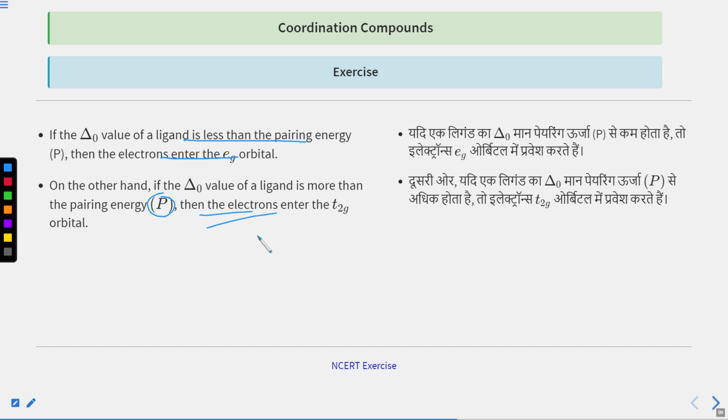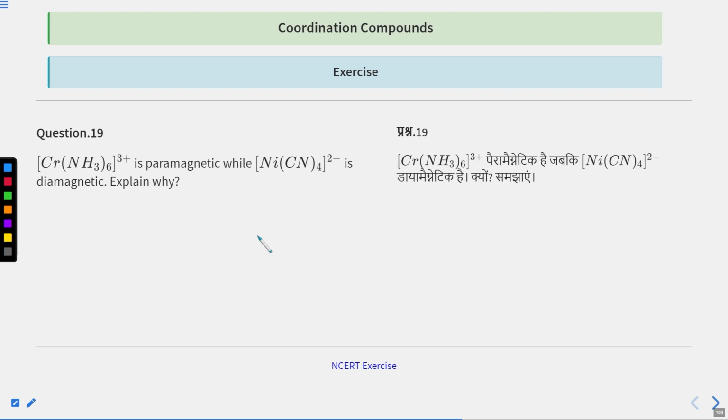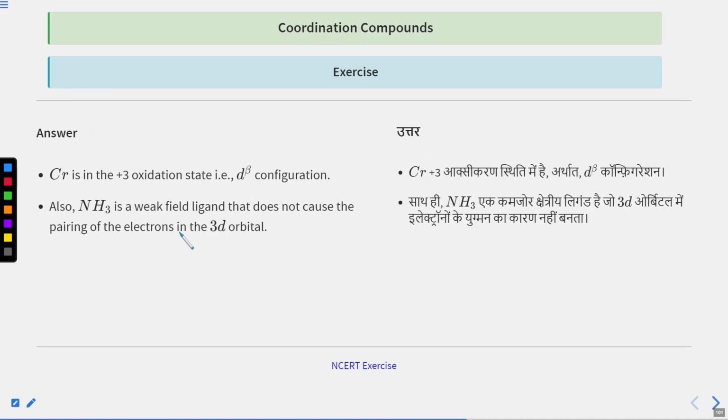Now next, we have this question: [Cr(NH3)6]3+ is paramagnetic, while [Ni(CN)4]2- is diamagnetic. Explain why. For this, you have to know the electronic configuration. First, you will fill the orbitals, do the pairing depending on whether the ligand is strong or weak, and then decide whether it is paramagnetic or diamagnetic.